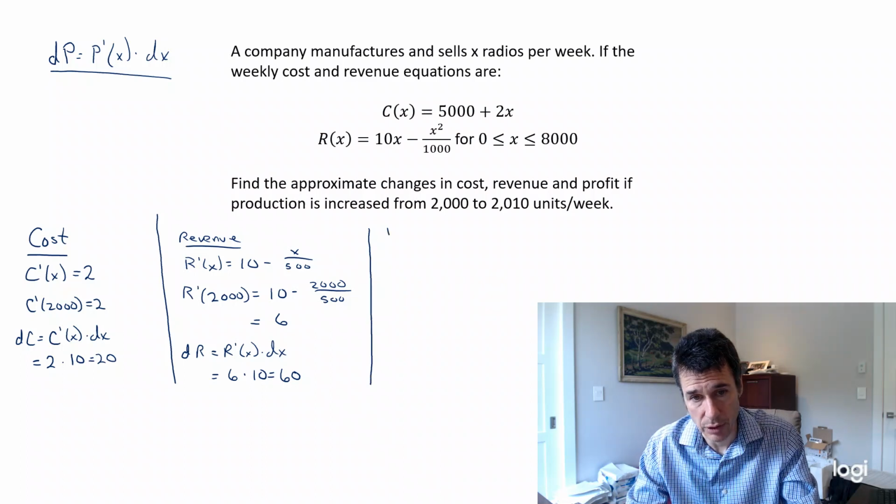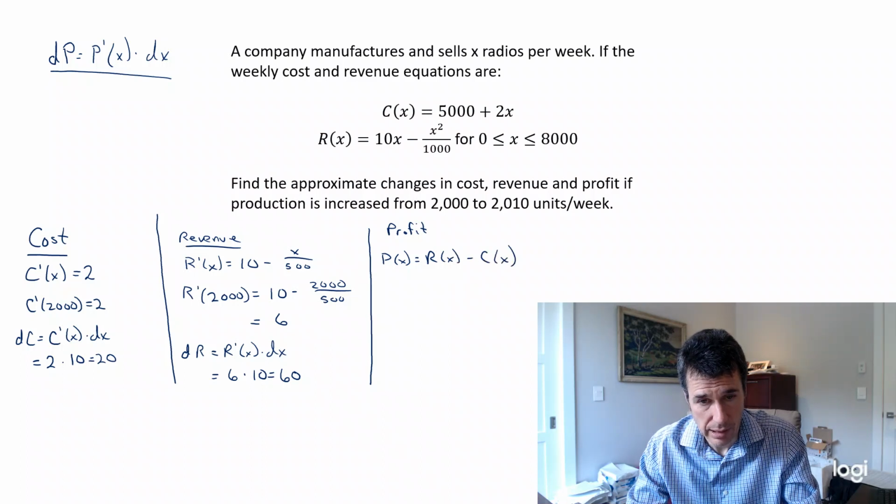Finally, we're going to look at the profit equation, which of course we don't have up here, but we know that the profit equation is the revenue minus the cost, which means the derivative of the profit equation, the marginal profit, is the marginal revenue minus the marginal cost.